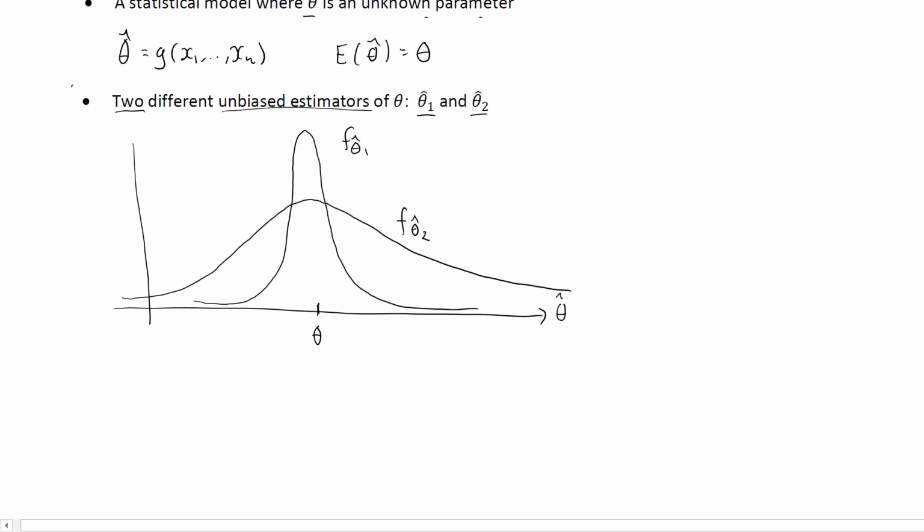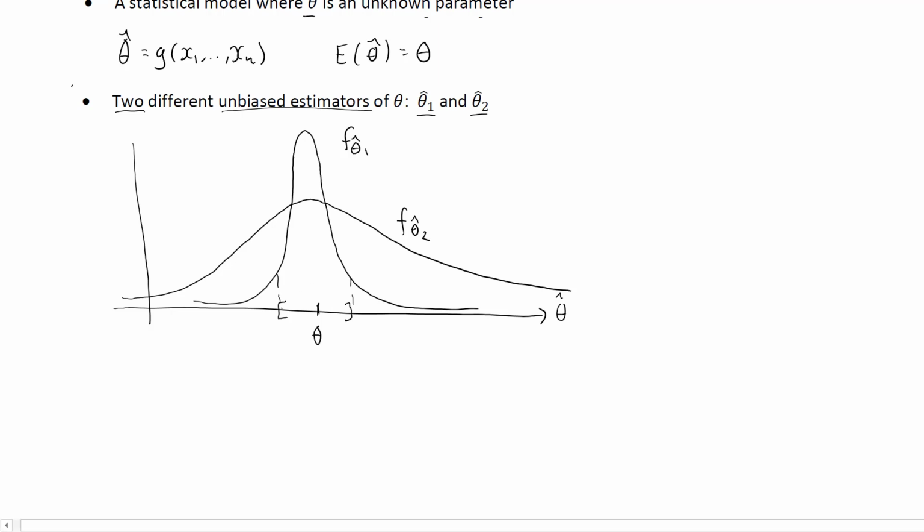It too has an expected value of theta, and we have to decide whether we want to use theta 1 hat or theta 2 hat as our estimator of theta, in this case that they are both unbiased. If you look at the PDFs, then there's approximately 95% probability that theta 1 hat will give me an estimate in this interval.